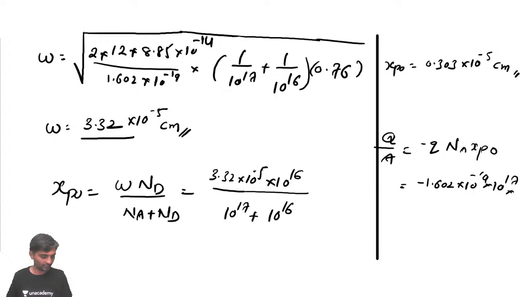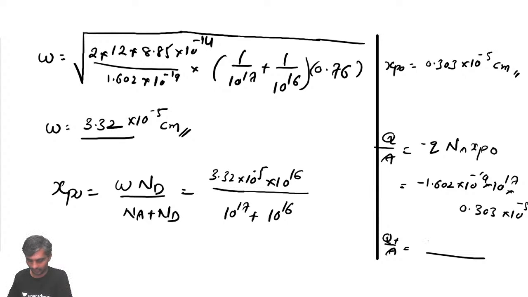Are you able to see it? If it is okay, then I'll write here itself. XP naught is going to be 0.303 into 10 to the power of minus 5 centimeters.